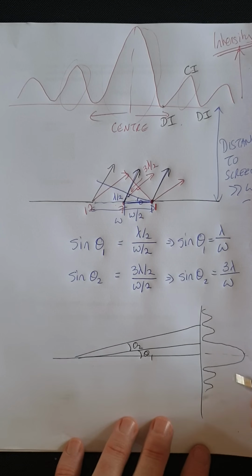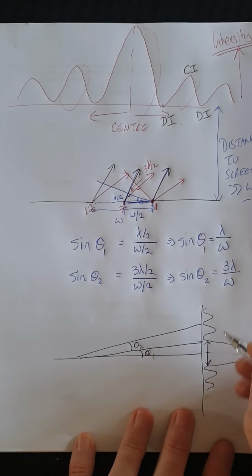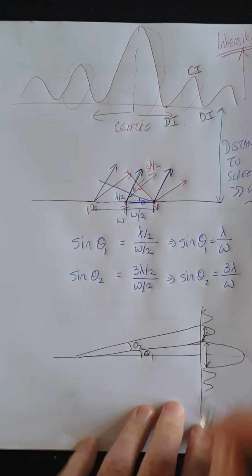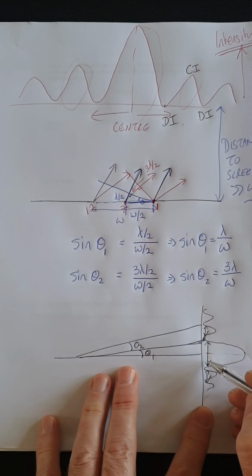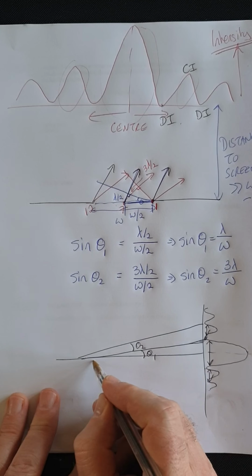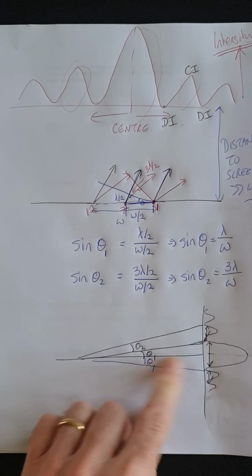Okay, so what we can see is that the middle fringe is going to be much wider than these fringes because it's made up of that angle doubled.